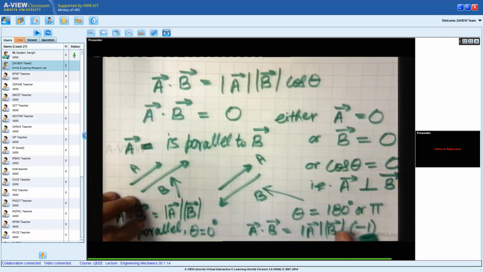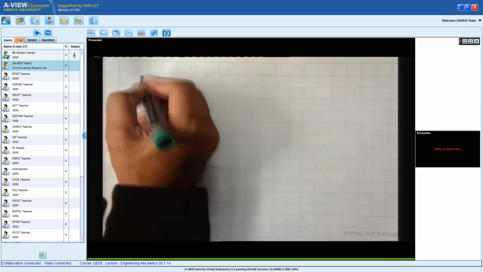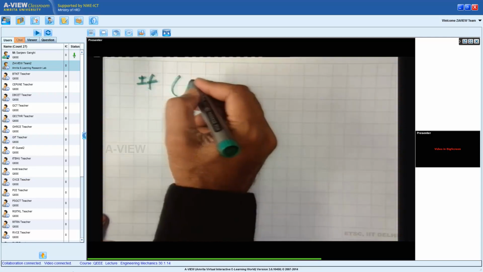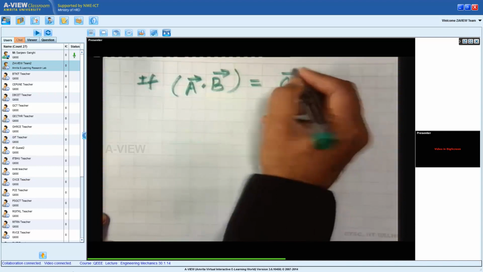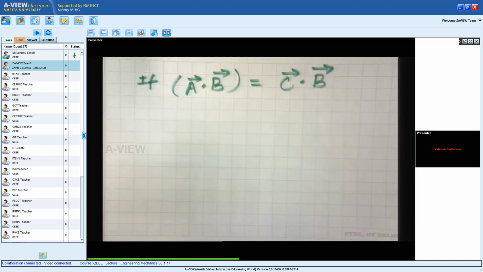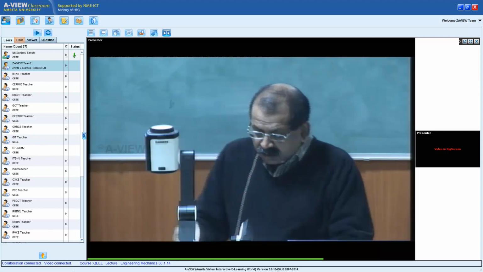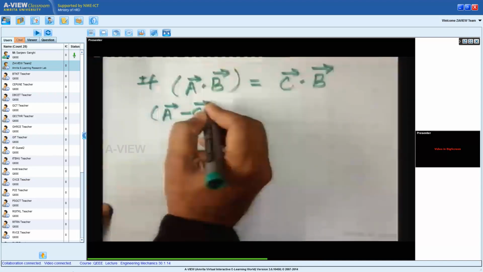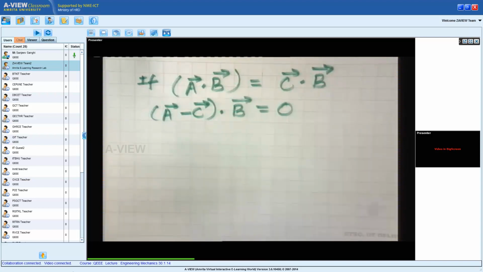Now, let me show one more thing. Suppose we have a case of three vectors such that A dot B is equal to C dot B. If this is given to me, what does this mean? I can write it as vector A minus vector C dotted with B is equal to 0.